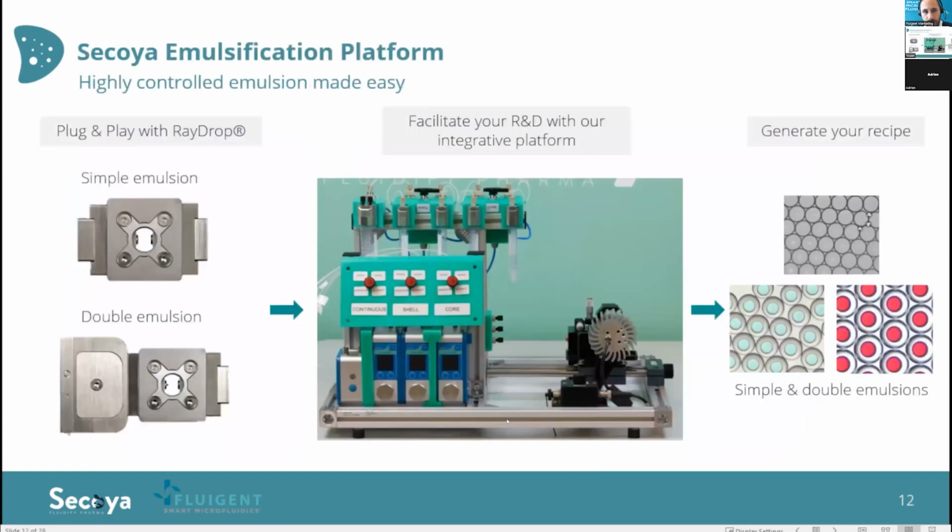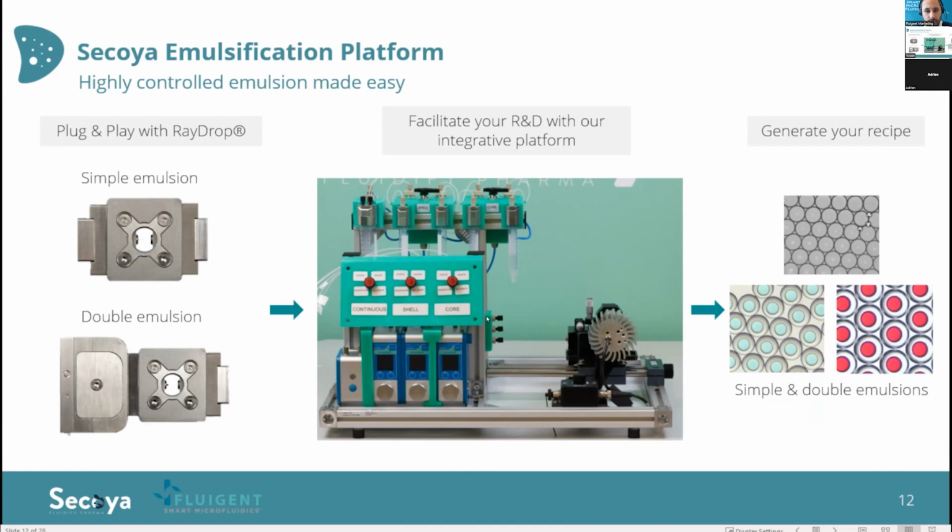As you maybe know, if you work with microfluidics, a lab on a chip can quickly become a mess on a lab due to the tubing spaghetti and equipment needed to operate the device. To overcome this, we developed at Secoya an integrative platform that you will see in the live demo.